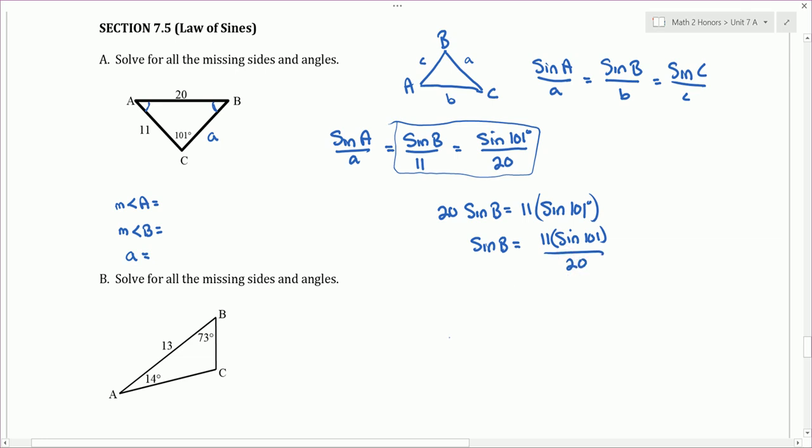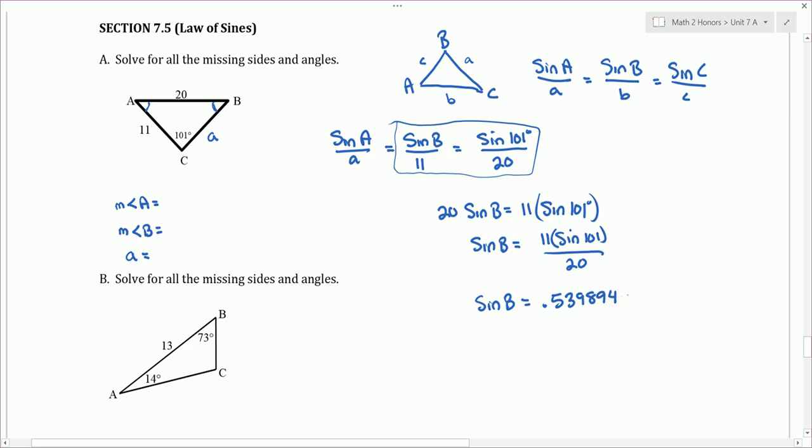I'm going to enter that part into my calculator. So 11 times the sine of 101 and then divide by 20, and I get 0.53989.4, and so on.